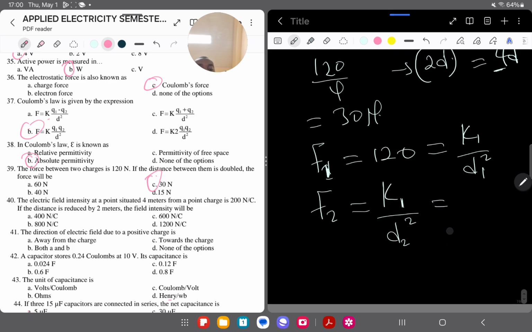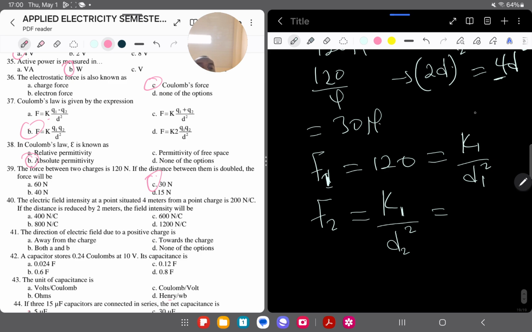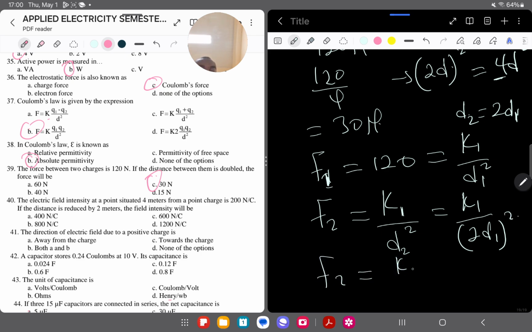Remember, D2 here is going to be twice D1, because D1 is being doubled. So when we replace this, we get 2D1 squared. So we get F2 equals K1 over 4 D1 squared.